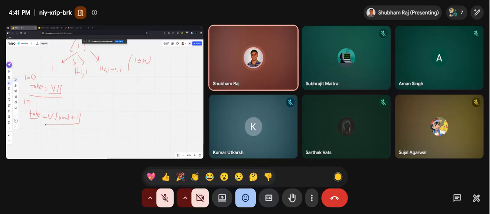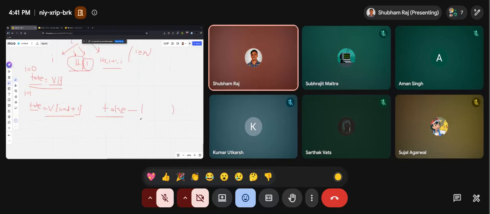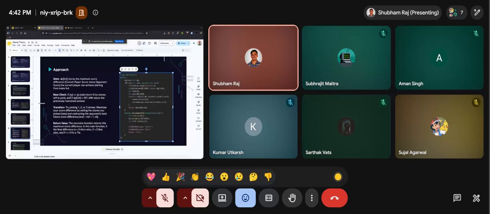So up to this is our move, right? And we are subtracting our opponent's move. And this opponent move is simply nothing. It is a recursive call that is used by both the players. That is this recursive call. So it will ensure that it will give the best possible move, and we are subtracting it from our current score.